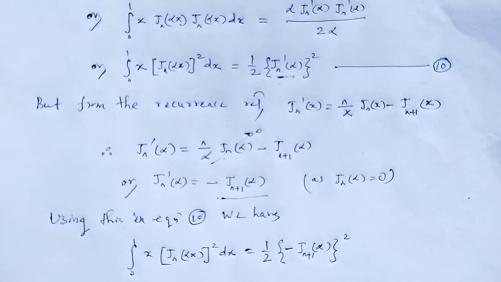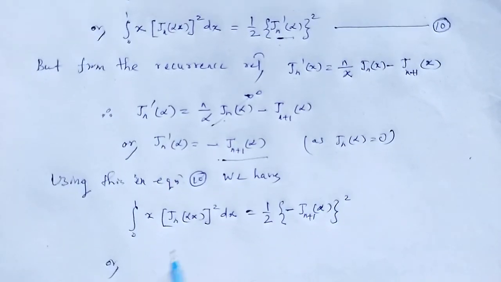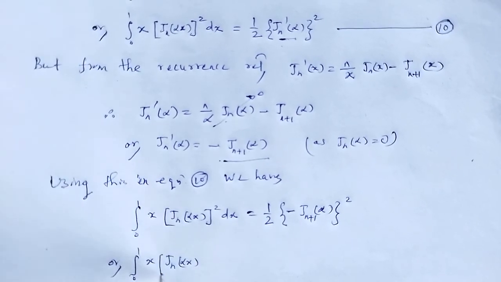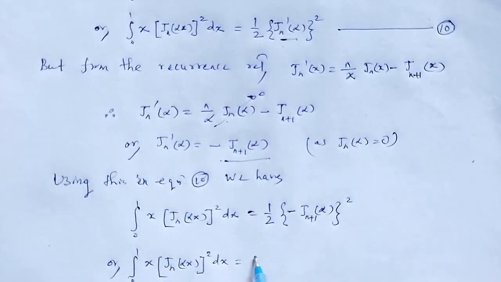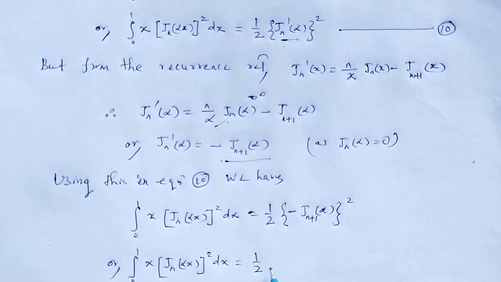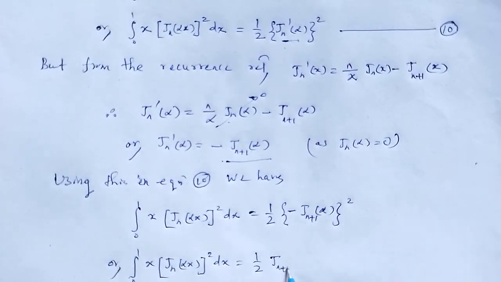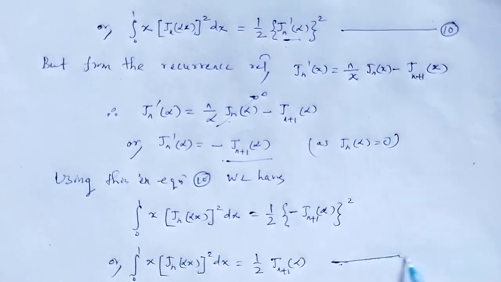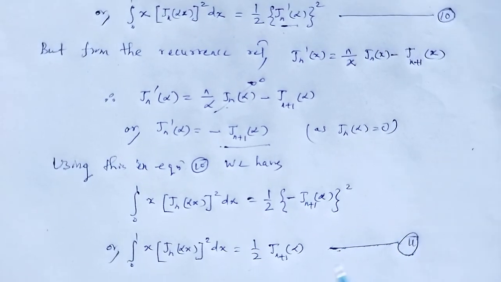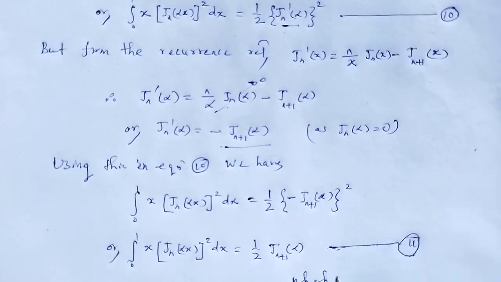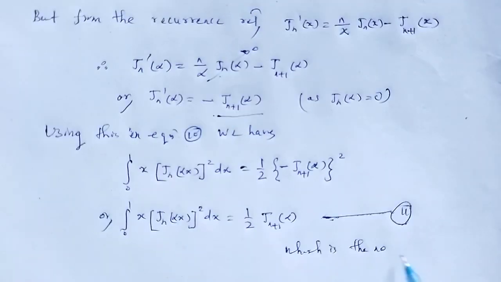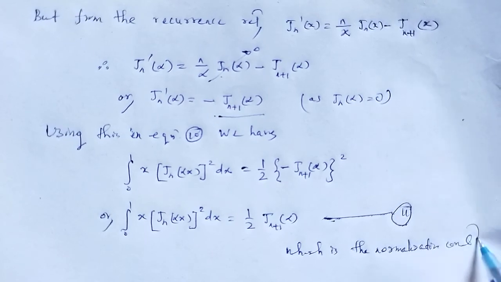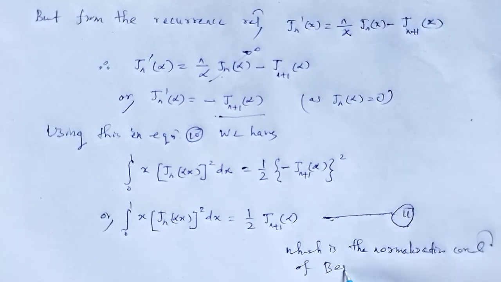Finally, integration from 0 to 1 x Jn alpha x square dx is equal to half Jn plus 1 square alpha. This is the normalization condition of Bessel's function.